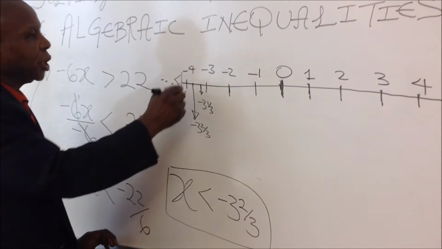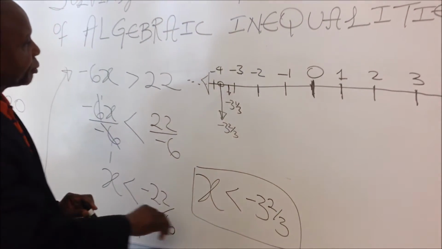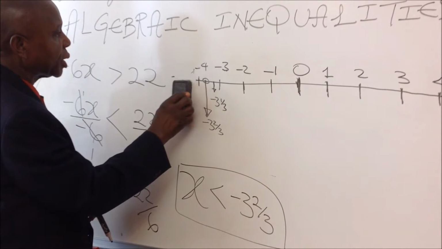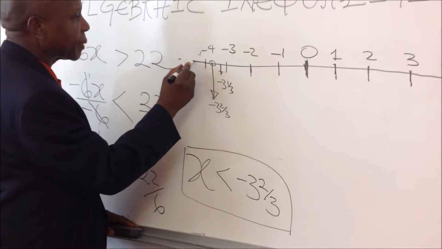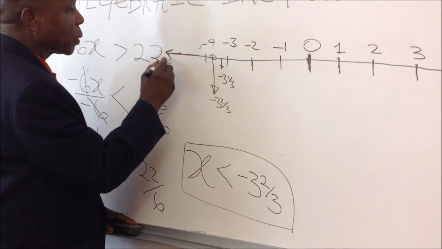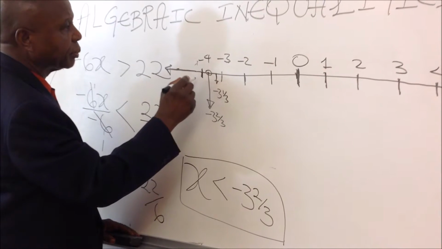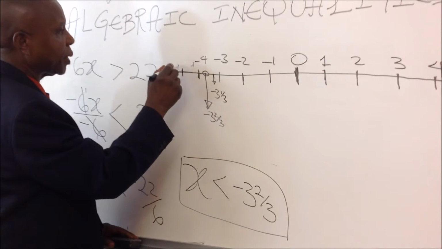So therefore, to represent this solution graphically, it might be a good idea to extend our line a little bit. So we have our negative 4 here. So our negative 5 should be appropriate here.